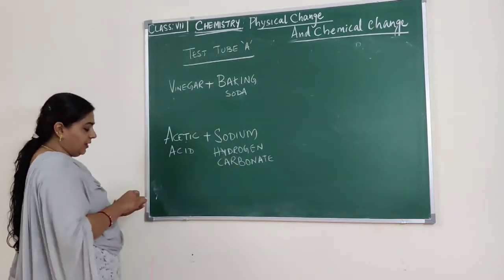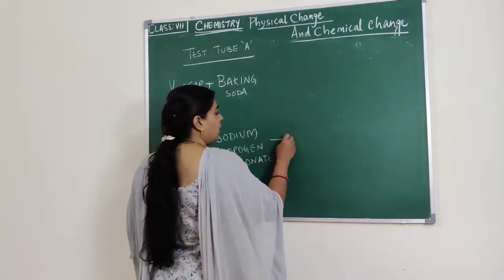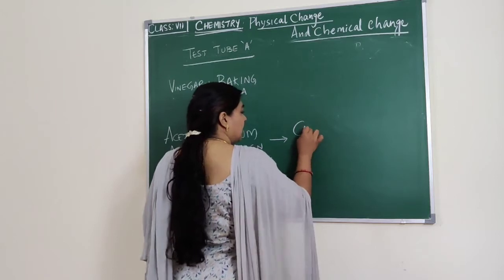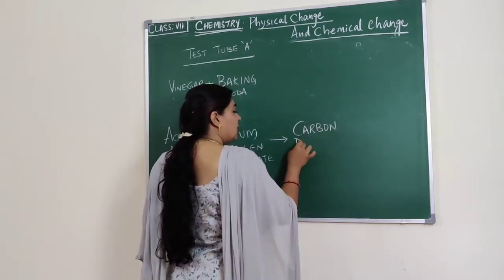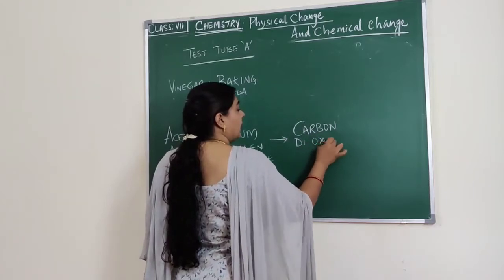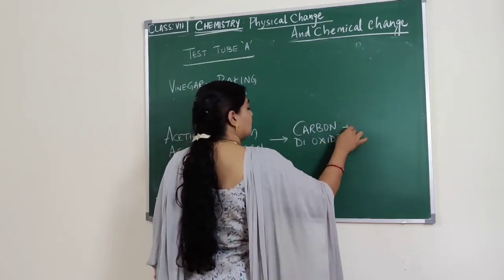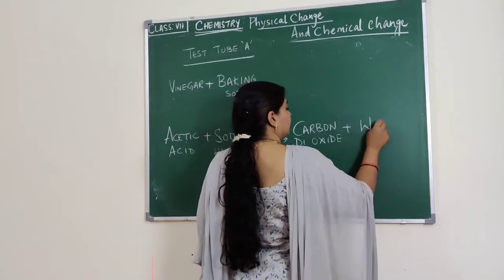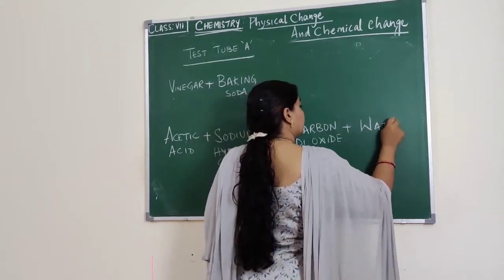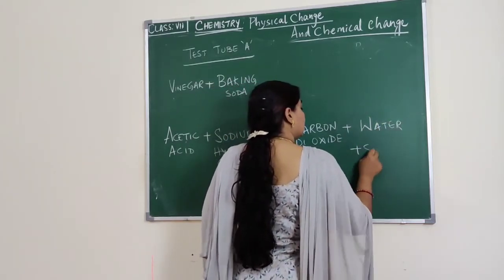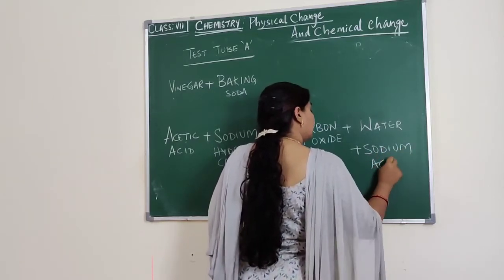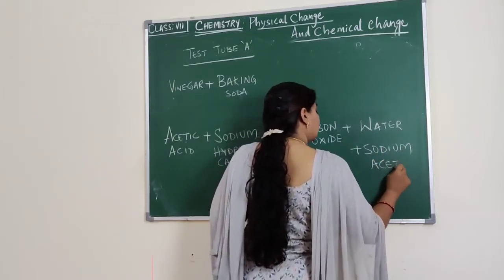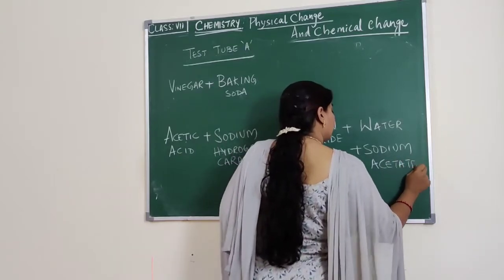So these two will react to form what we have seen: liberation of carbon dioxide, water, and sodium acetate is also formed. Water plus sodium acetate. Sodium acetate is formed. Okay.